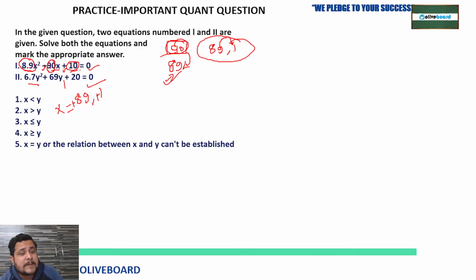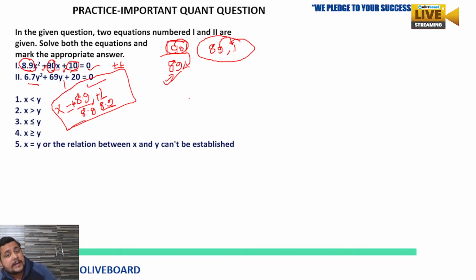Because if the minus plus sign is there, then both the roots will always be positive. Is this clear to all of you? Now, with 8.9 as the coefficient of x square, you have to divide 89 by 8.9 and 1 by 8.9. So these are the values of x. And after the solution, I'll tell you the method by which you can easily solve this quadratic equation in just 2 seconds.